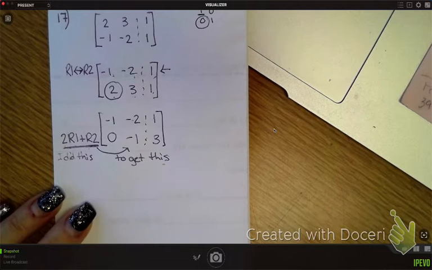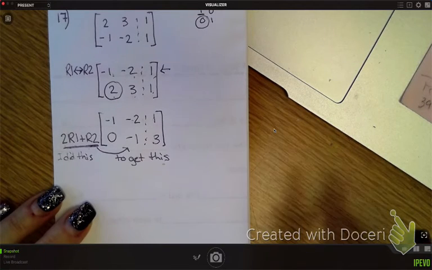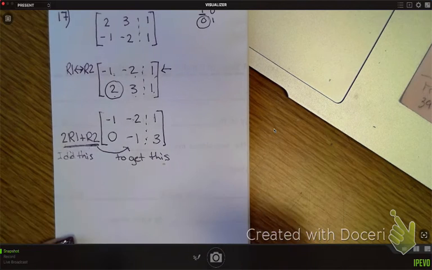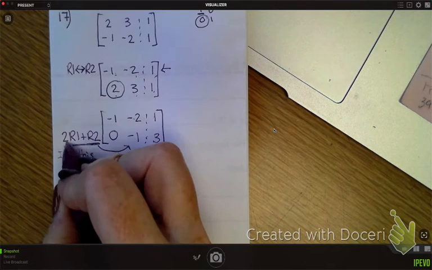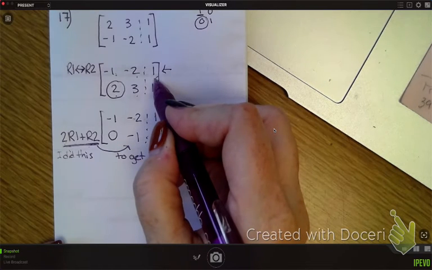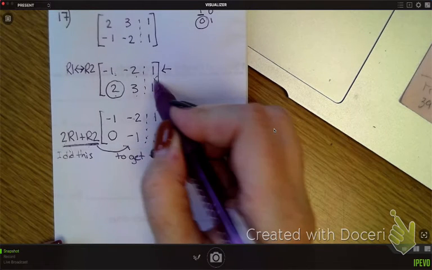That's all it says. I just get confused on how it changes to 3. Because row 2 went from 1 to 3. Okay, 2 times 1 is what? 2. Plus 1 is what? 3.